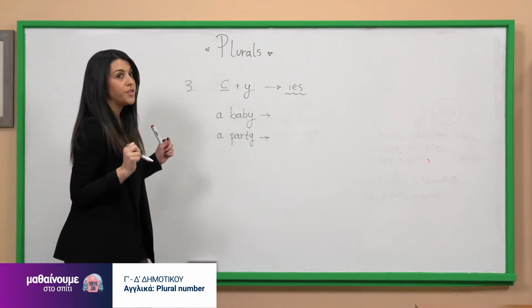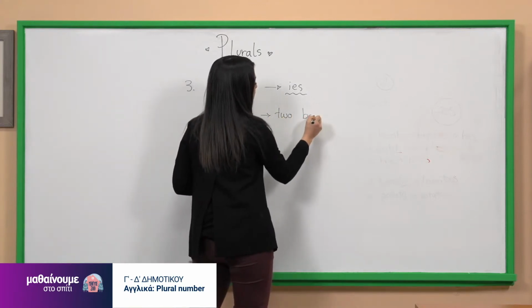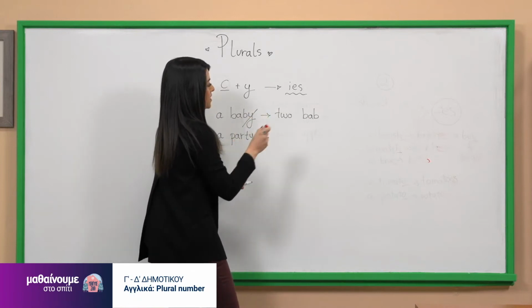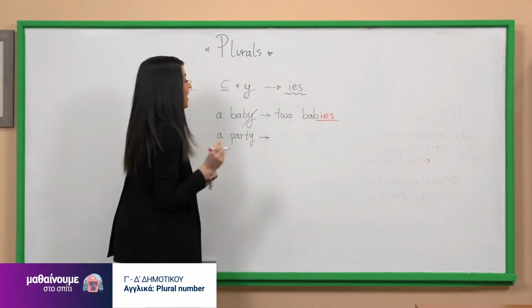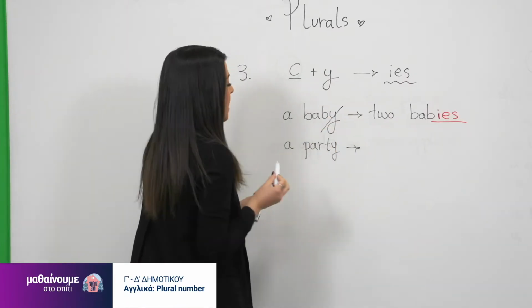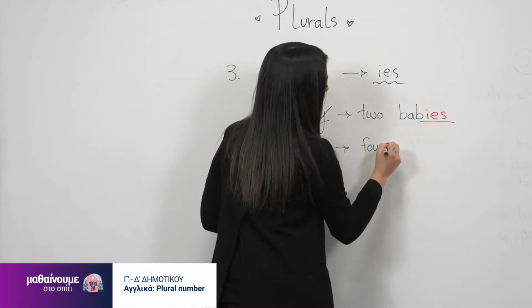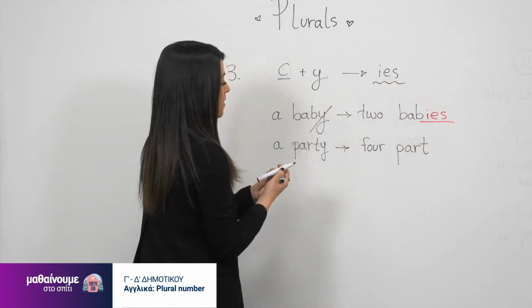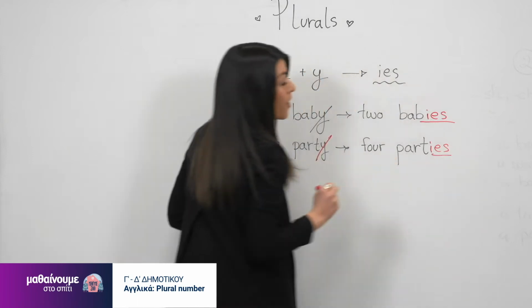So, what do we do? A baby, 2 babies, we take out the Y, and we put I-E-S. Okay, so we erase the Y. Now, a party, 4 parties. Again, we erase the Y, and we put I-E-S, parties.